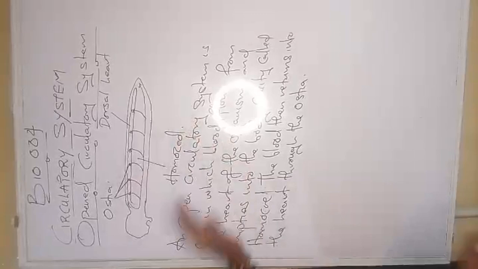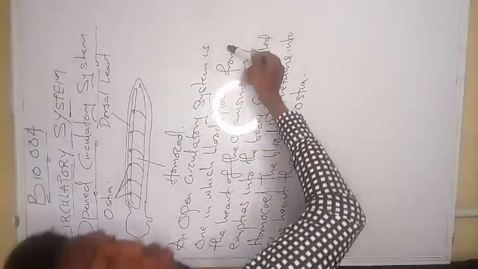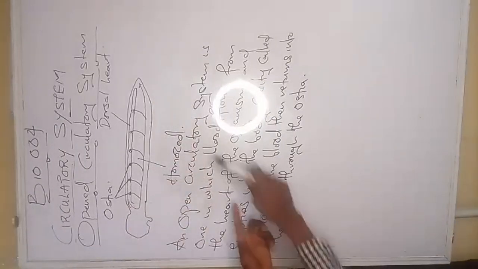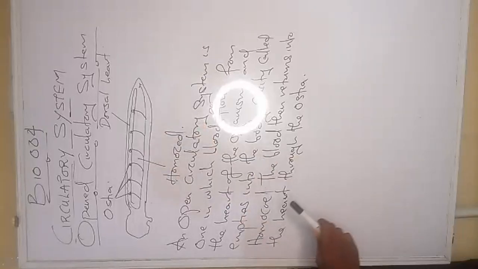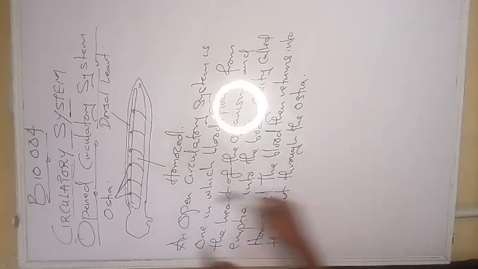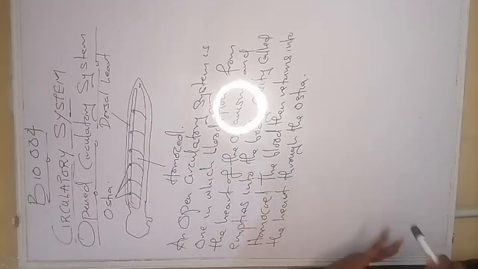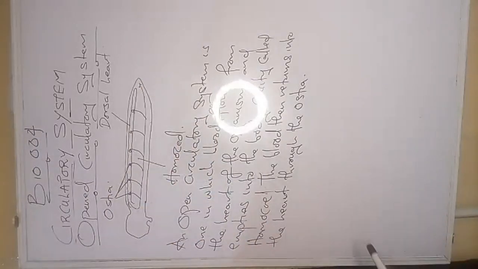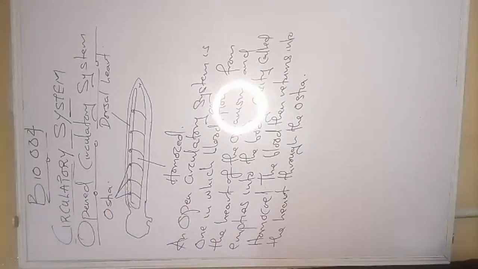An open circulatory system is one in which blood flows from the heart, that is this dorsally placed heart here, and empties into the body cavity called the hemocoel. Then the blood returns back into the heart via the ostia. And that's just the sequence.